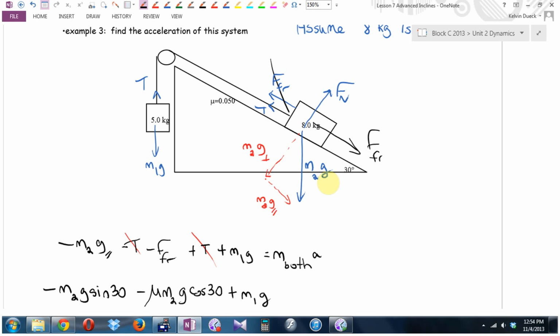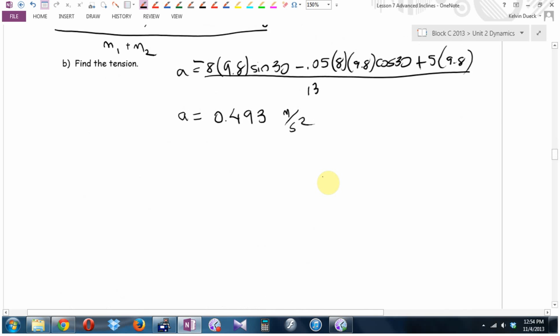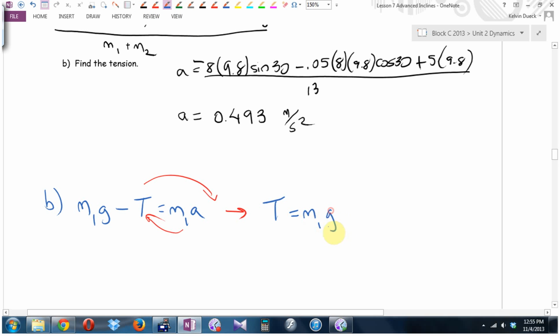Now, turns out M1G minus tension equals M1A. Is that okay, Peter? I think I would go plus that to that side and minus that to that side at the same time. And I think I'd get this. Tension equals M1G minus M1A.